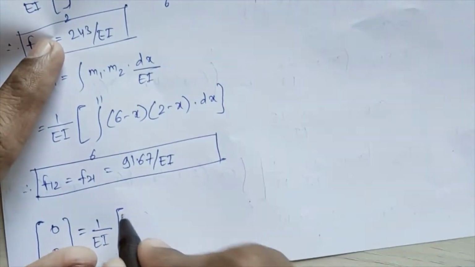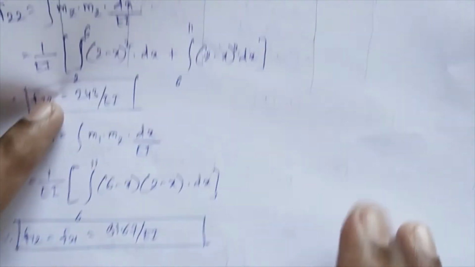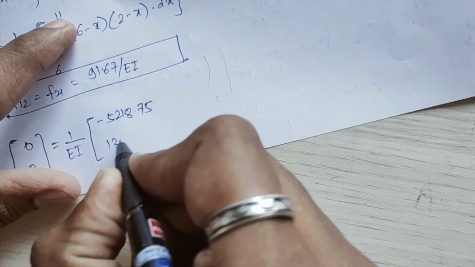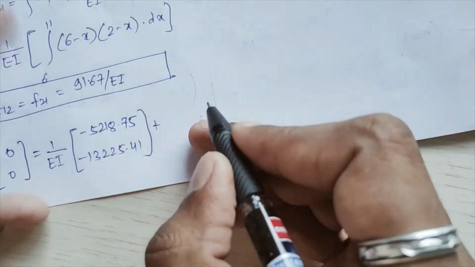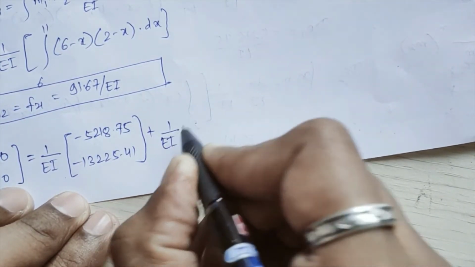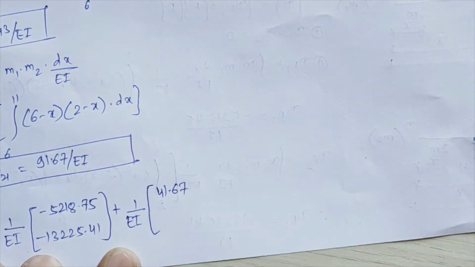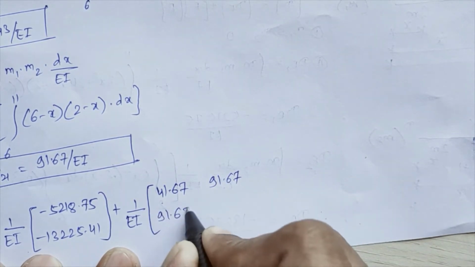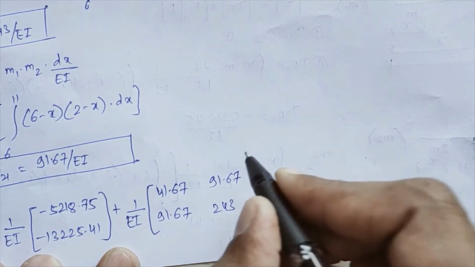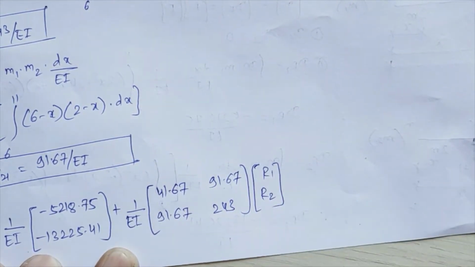So I'll write those over here: minus 5218.75 upon EI and minus 13225.41, plus the flexibility coefficients, again 1 upon EI. First f11 I have got as 41.67, f12 91.67, again 91.67, and f22 I have got as 243, multiplied by R1 and R2.